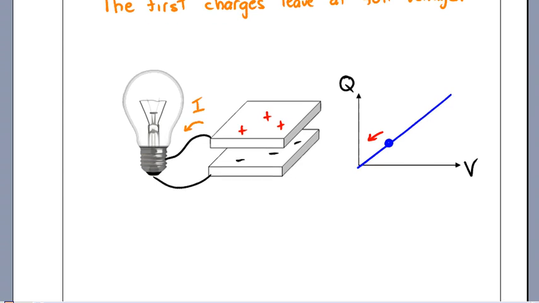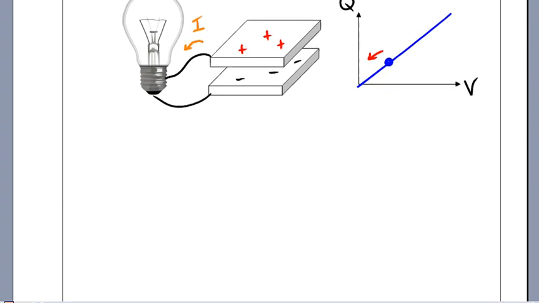Okay, so just some points here that we can add. Just trying to get the math story right. First little issue, as the Qs leave, as the charges leave, the voltage drops.